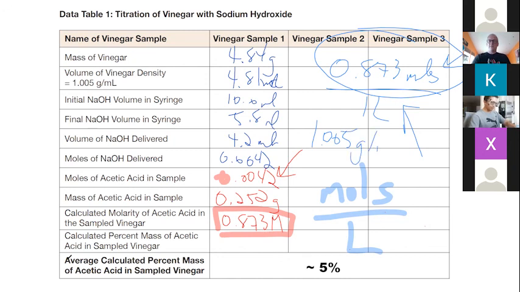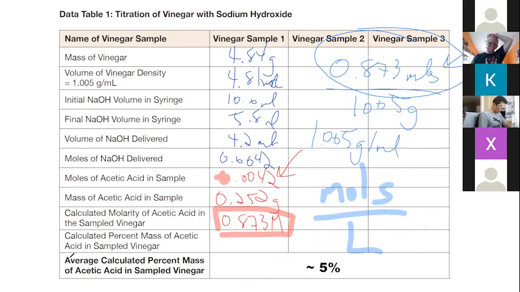So if I have 1,000 milliliters, how many grams is that? Using this density, it would be 1,005 grams. Bingo, exactly. So I can convert the denominator from 1 liter to 1,005.